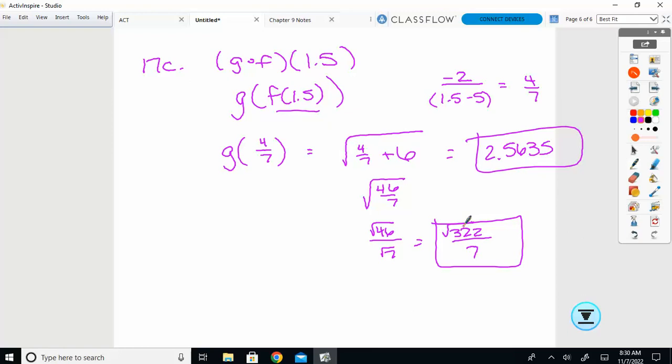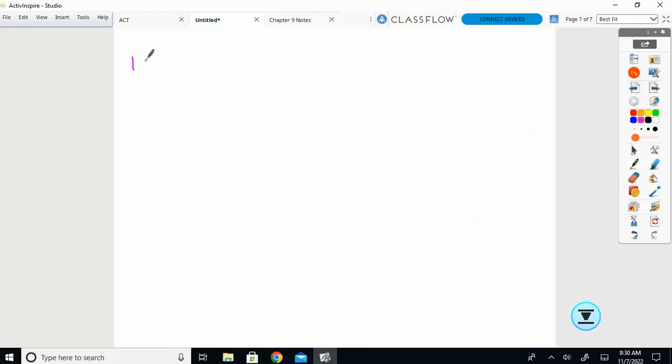All right, we did not ask about 19, but I want to go over 19 because we had this one on the quiz, or one very similar, and there were a lot of mistakes on that. So f of x is 3 over x. G of x is 5 over x minus 1.